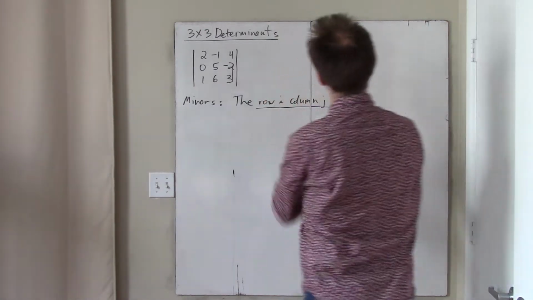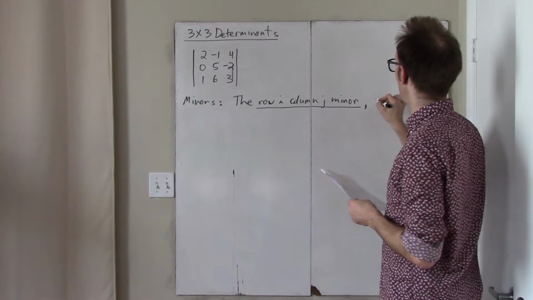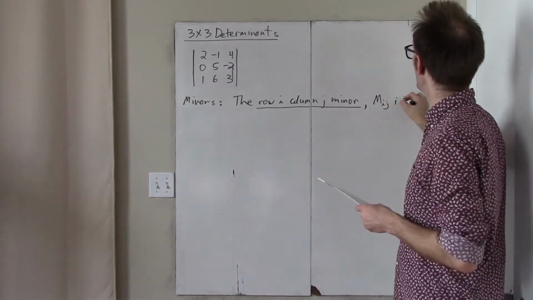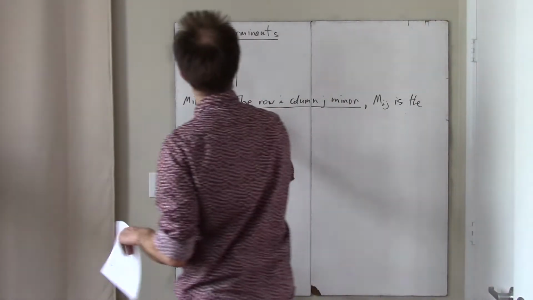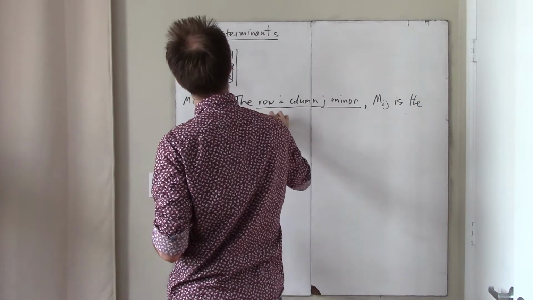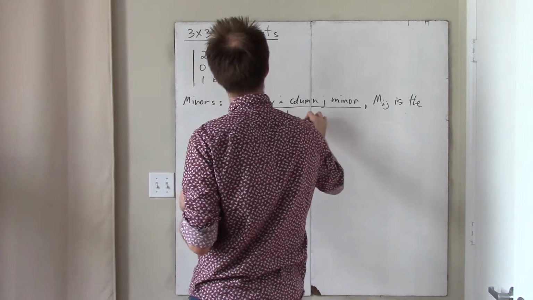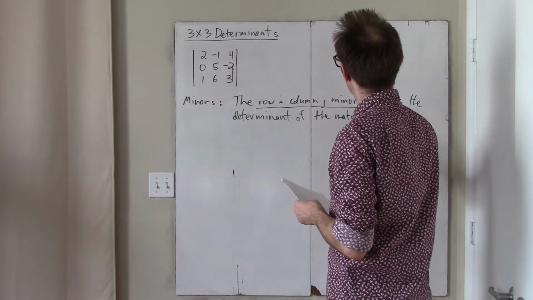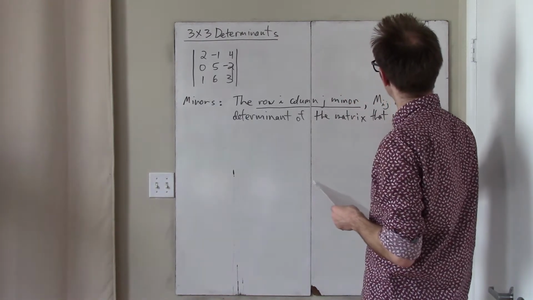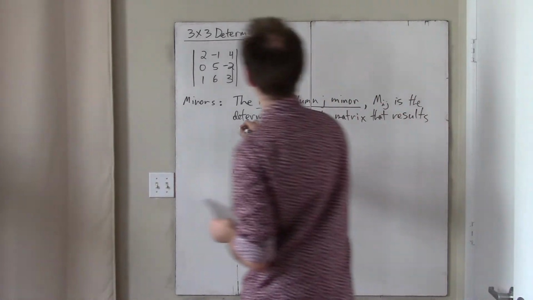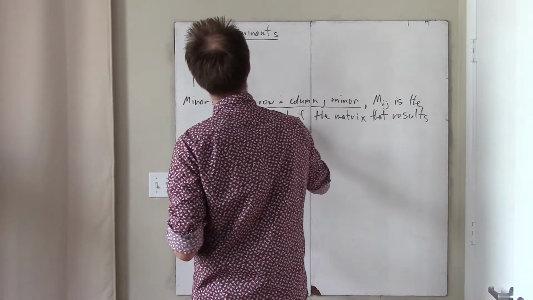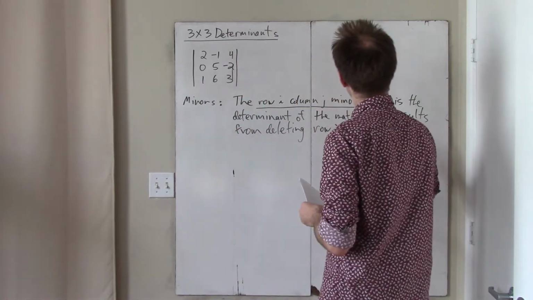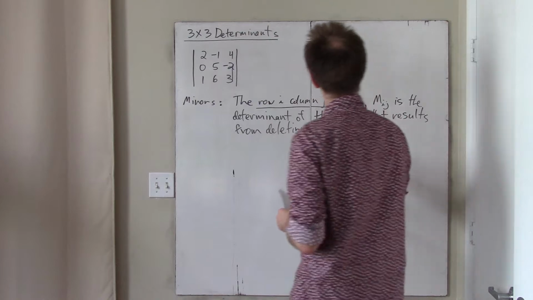The row i, column j minor, which has a symbol for it, Mij, is the determinant of the matrix that results from deleting row i and column j.